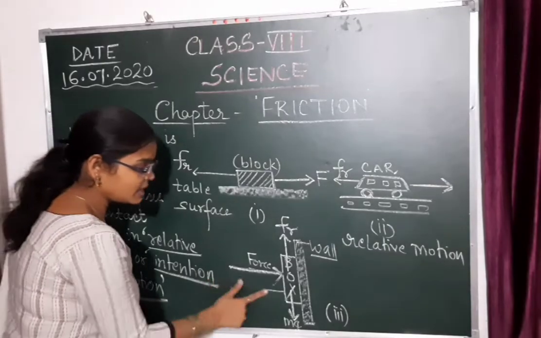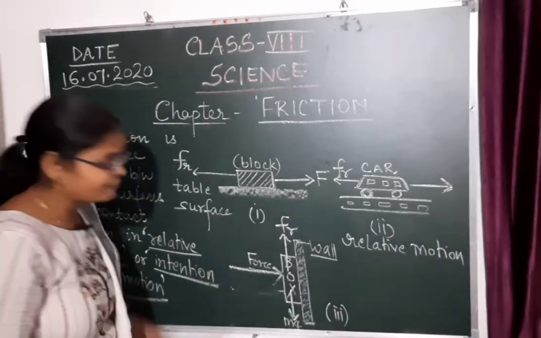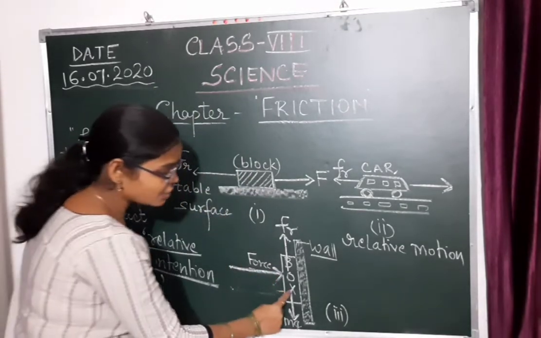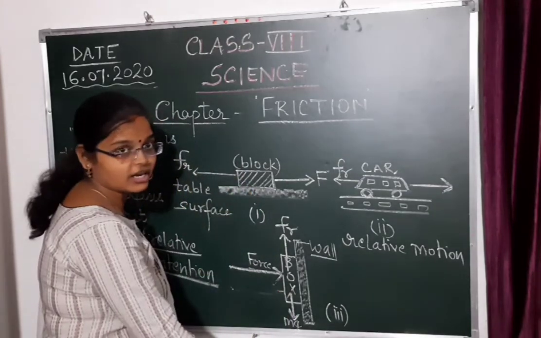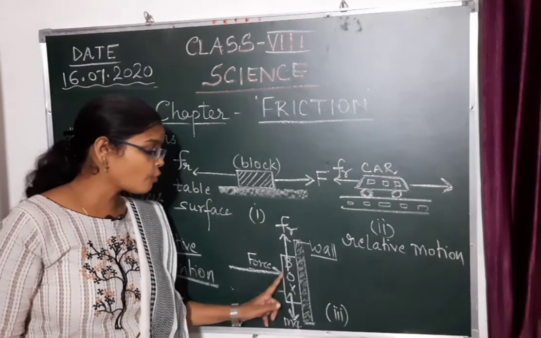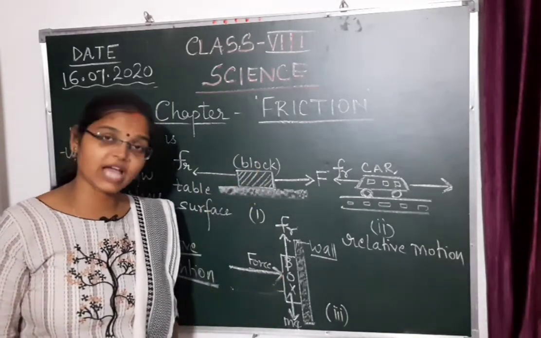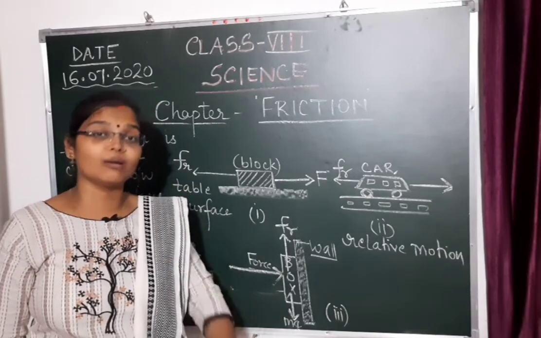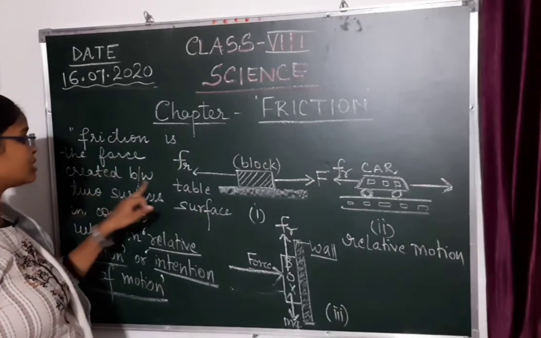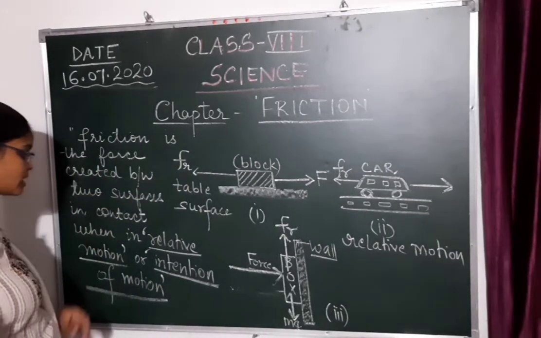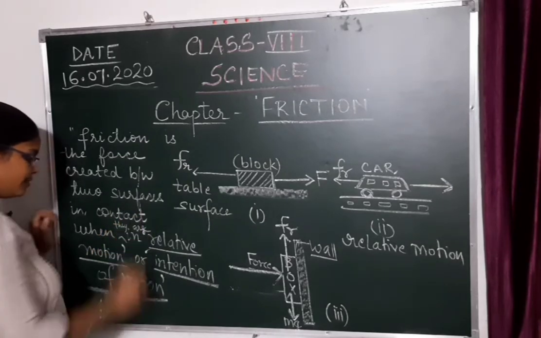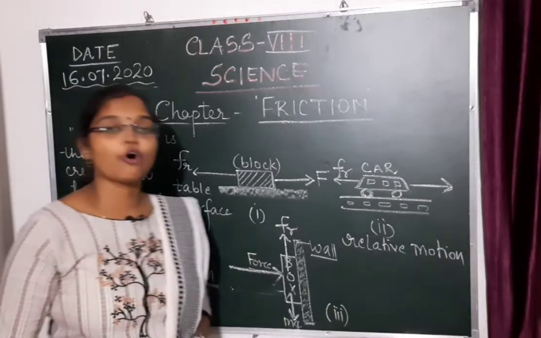No, this will be wrong. If we remove this force, the duster will fall down. So intention of motion duster का किधर है? नीचे की तरफ. So जिधर motion object करना चाहता है, the frictional force always acts in the opposite direction because it opposes the motion. So we can say that it is the force created between the two surfaces in contact when they are in relative motion or intention of motion.